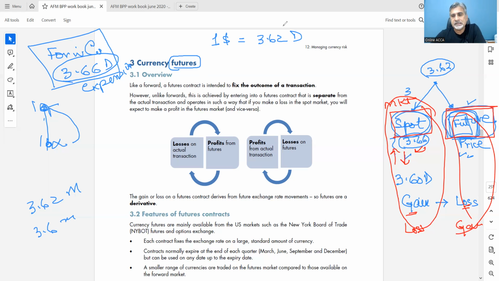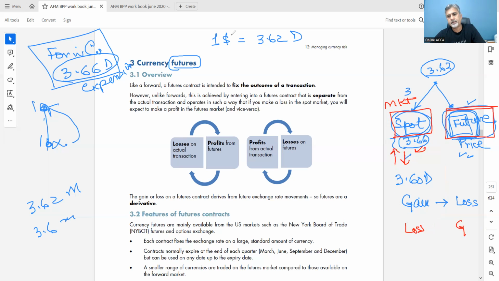Now this is what happens with a future. Like I said, if you made a gain here, you were happy that, oh, I made a $100,000 gain. But then you say, I can't take all of that home because I have to settle my future contract as well.